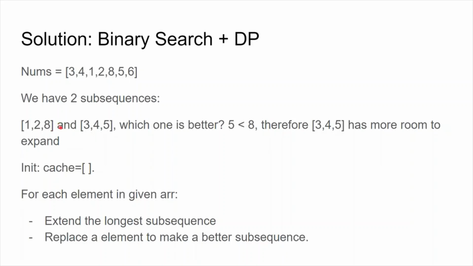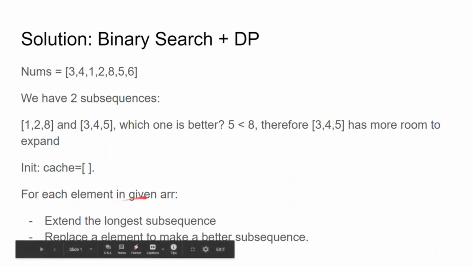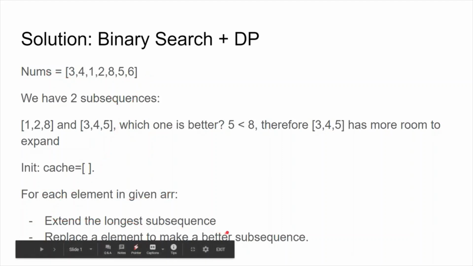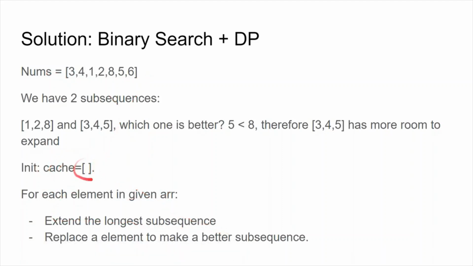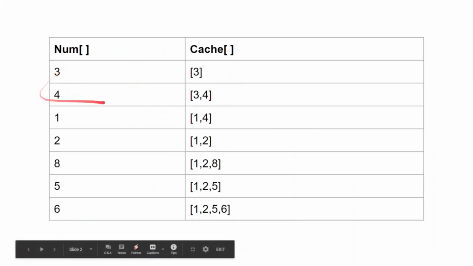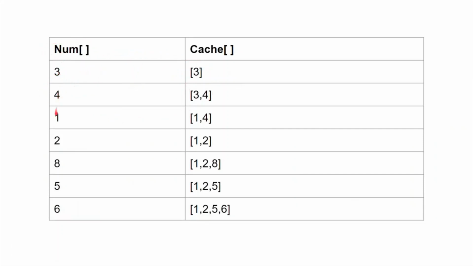So what we're going to do instead is use a cache array. Basically, for each element in the given array, we're going to either extend the longest subsequence, which is the cache array we have, or replace an element to make a sequence better, right? Here I'll give you an example. We have a given array: 3, 4, 5, 3, 4, 1, 2, 8, 5, 6.